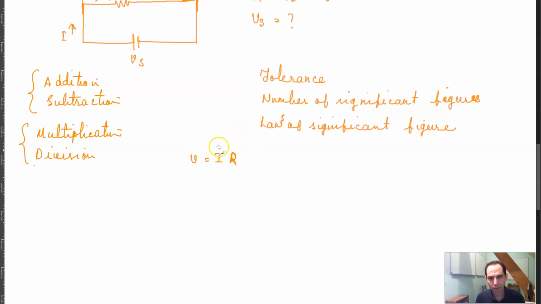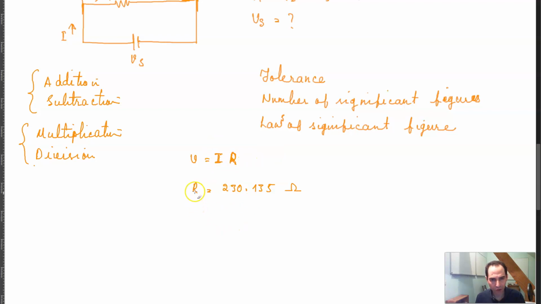Suppose you measure the resistance of a resistor using a multimeter that shows you the resistance all the way down to 1 milliohm, and it tells you that the resistor is, for example, 230.135 ohm.